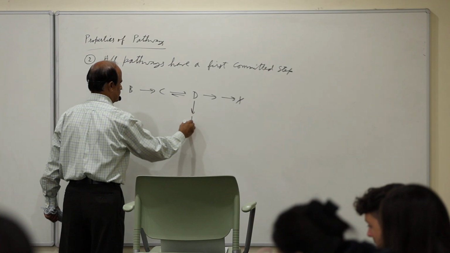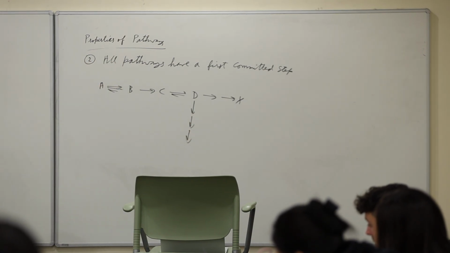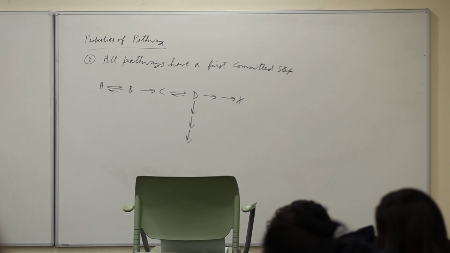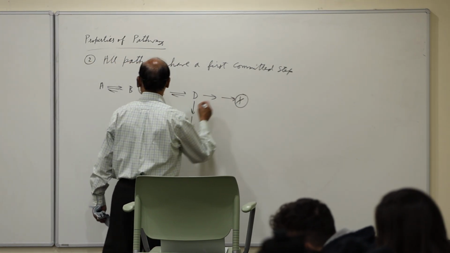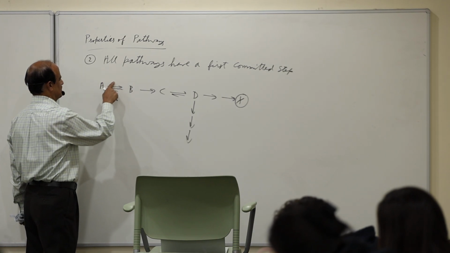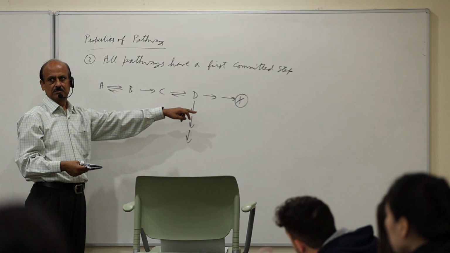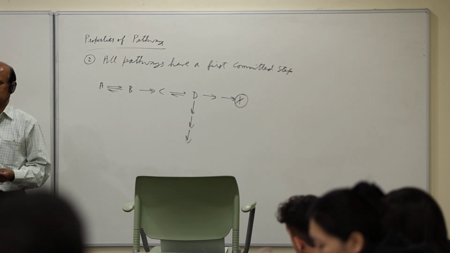This one goes to another pathway. So not just one branch, there can be multiple branches in a pathway. Now, how do you make sure that X will be made? If this enzyme is turned on, does it make sure that you will get X? It doesn't, because this can go in this direction and go to the other product.